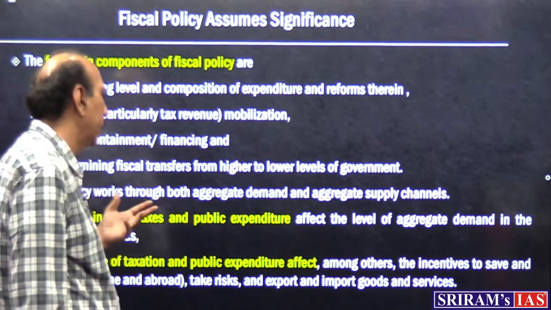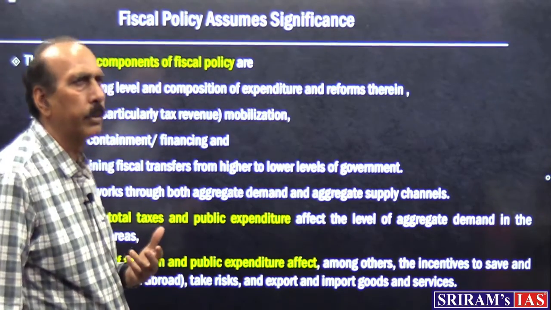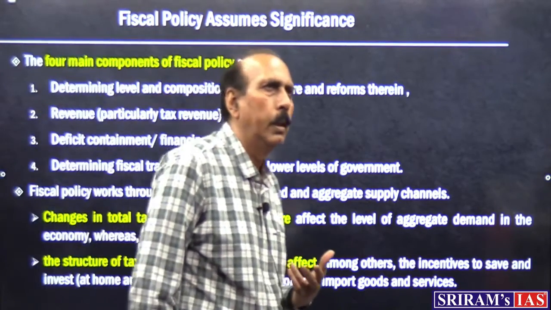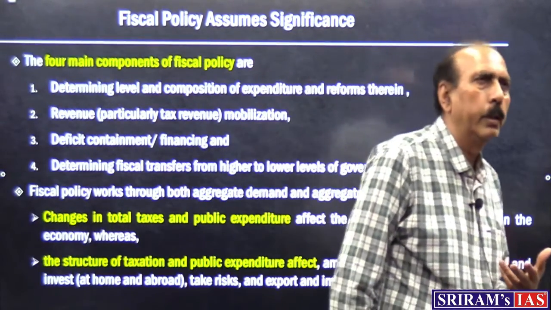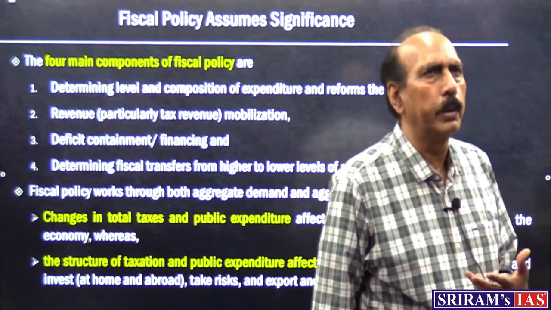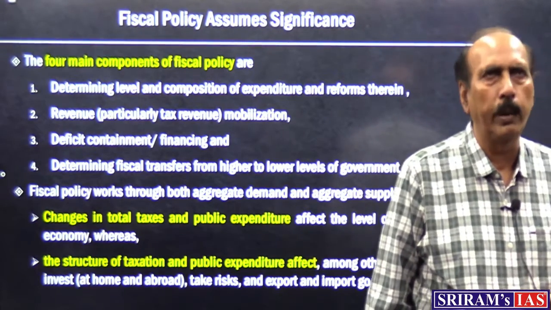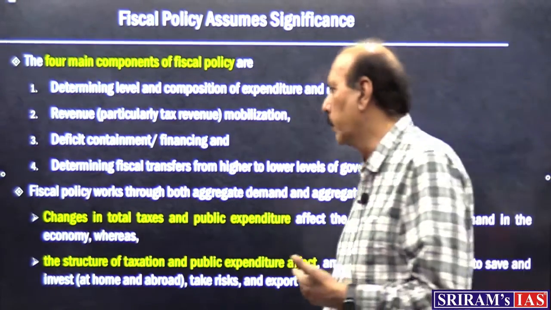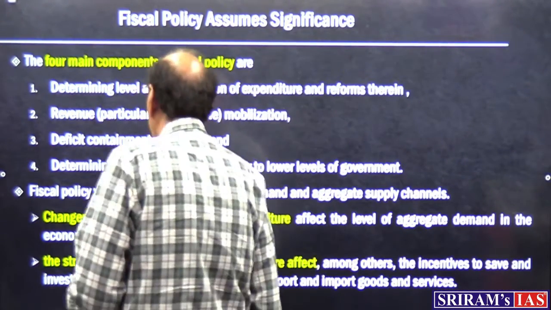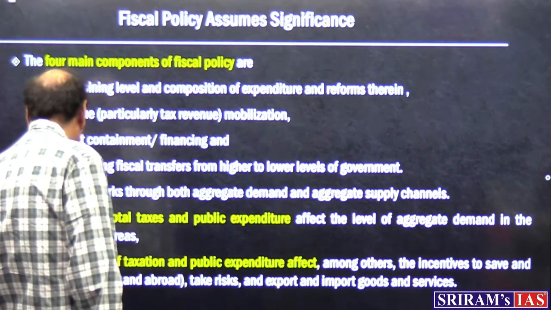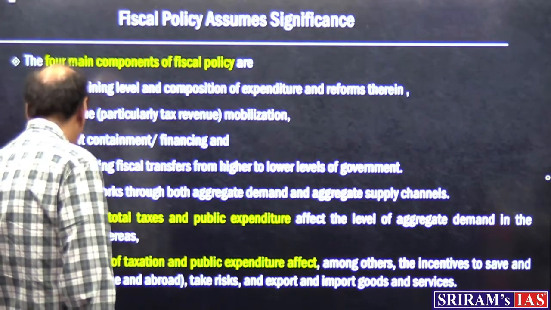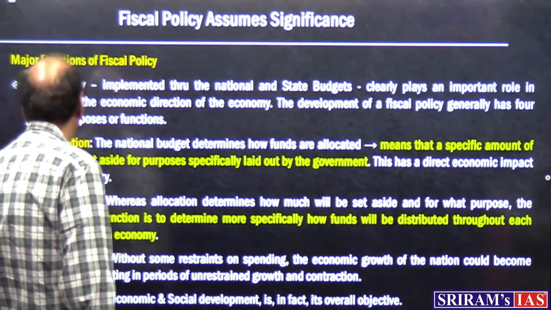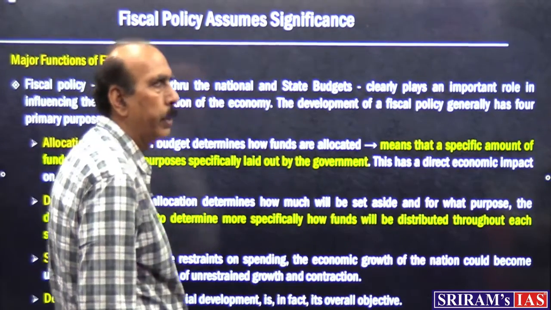And we are also determining the size of the debt of the government. Therefore, the fiscal policy is concerned with these 4 aspects, and all these 4 aspects are concerned with the budget of the government. When we look at the budget, we always look at these 4 components.